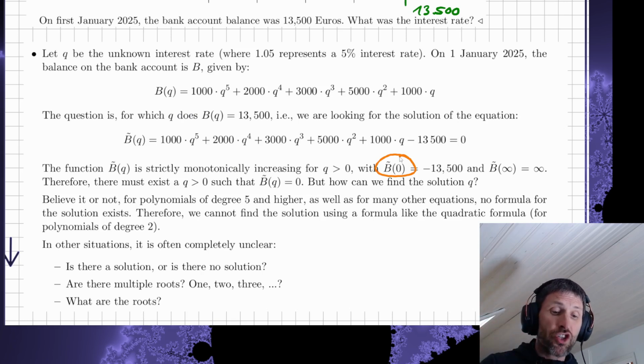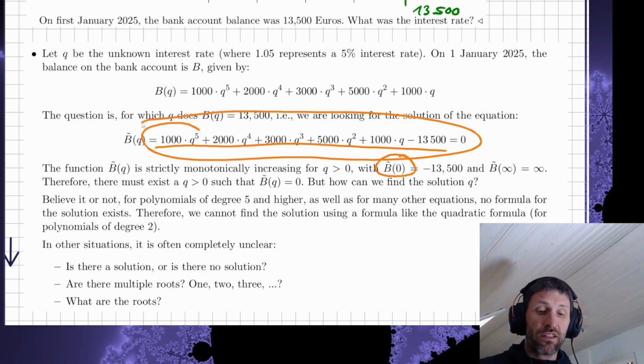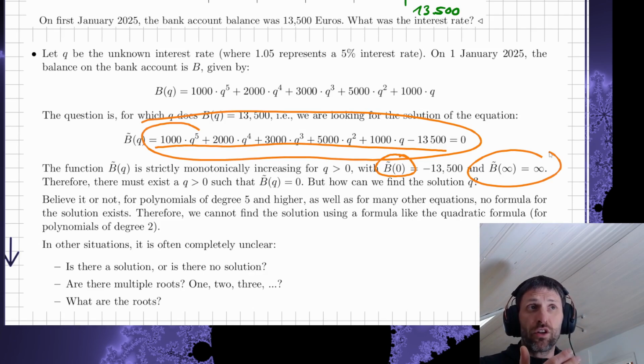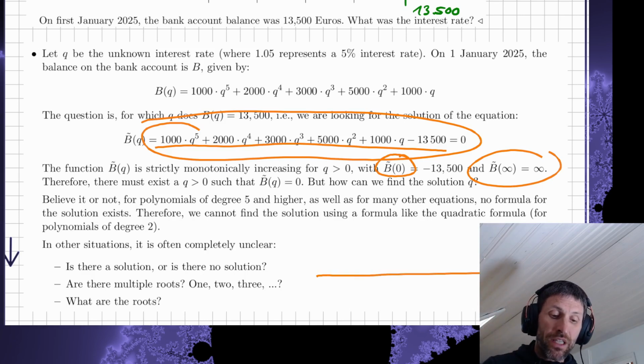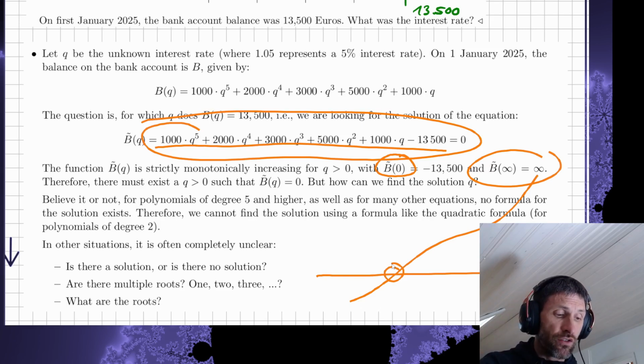But for a large q, let's say q is 10, it's obvious that this is a positive number. So we have a negative value for 0 and 1, and a positive value for a larger q. So in between there must be some root, some position where the function value is 0.